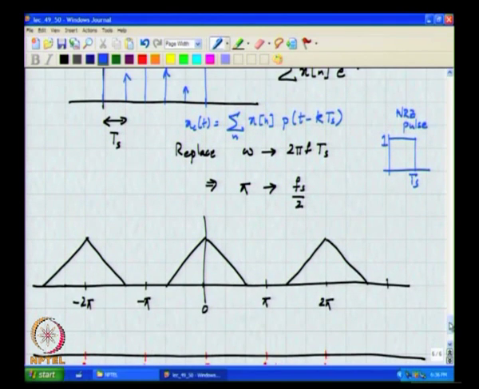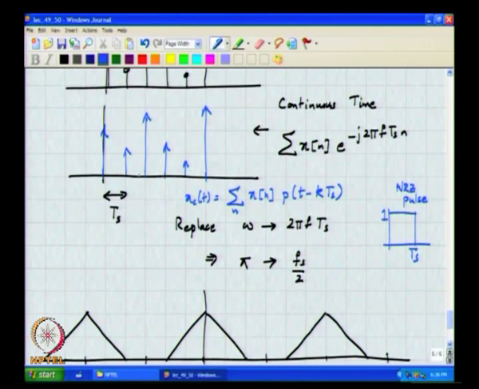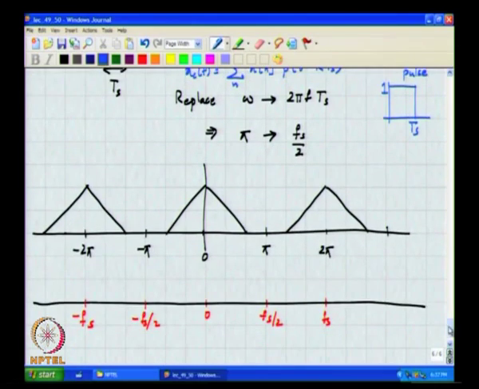So, can you comment on the spectrum now? So, you can think of this as taking the continuous time waveform, which is a sequence of Dirac impulses, and passing them through a low pass filter whose impulse response is rectangular. If the impulse response is rectangular, it follows that the Fourier transform is a sinc function, and it has nulls at multiples of 1 by T s, which is F s.